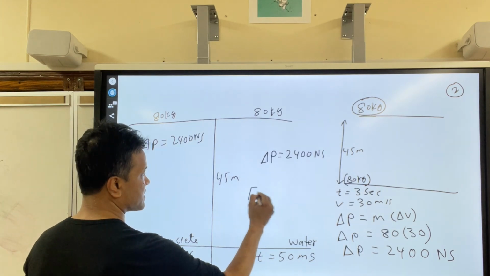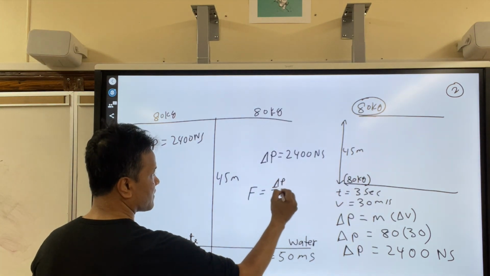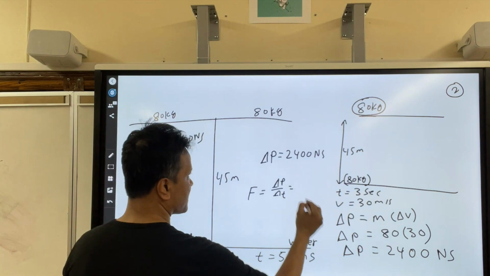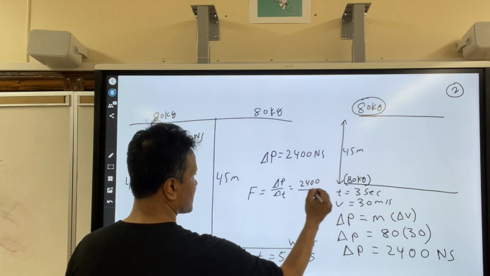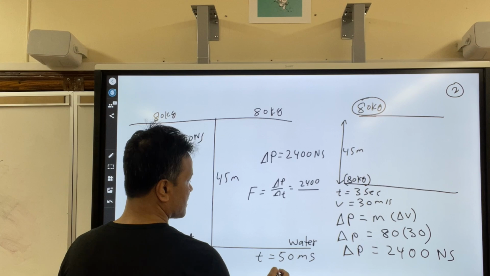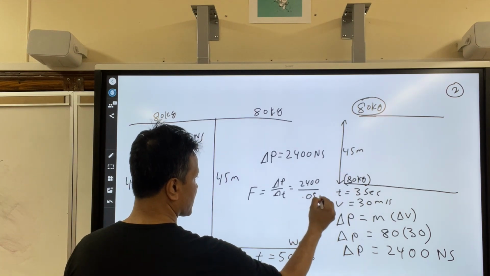Force is Newton's second law. Delta P is 2400 and T is 0.05 second.